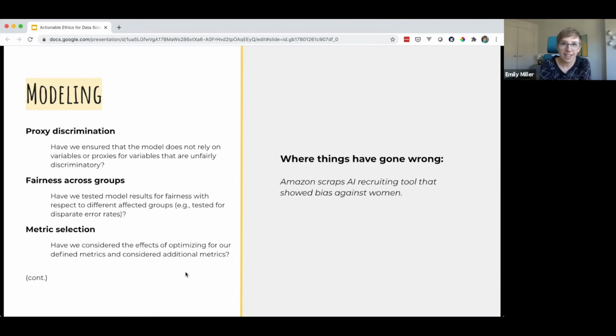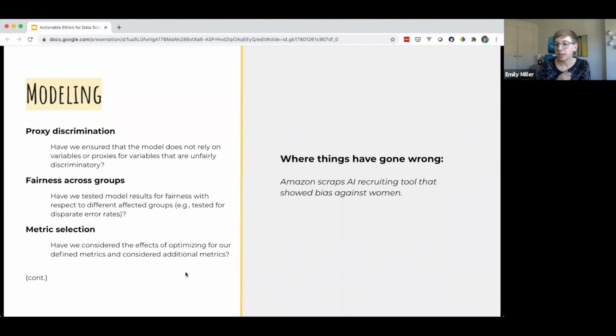And the interesting thing here is that Amazon had actually taken quite a bit of care in thinking about this and had excluded names from the model and had excluded gender from the model and was examining the model for how it performed on men and women. And what they found is that the model, even though gender wasn't in the model, had picked up other ways of identifying women.